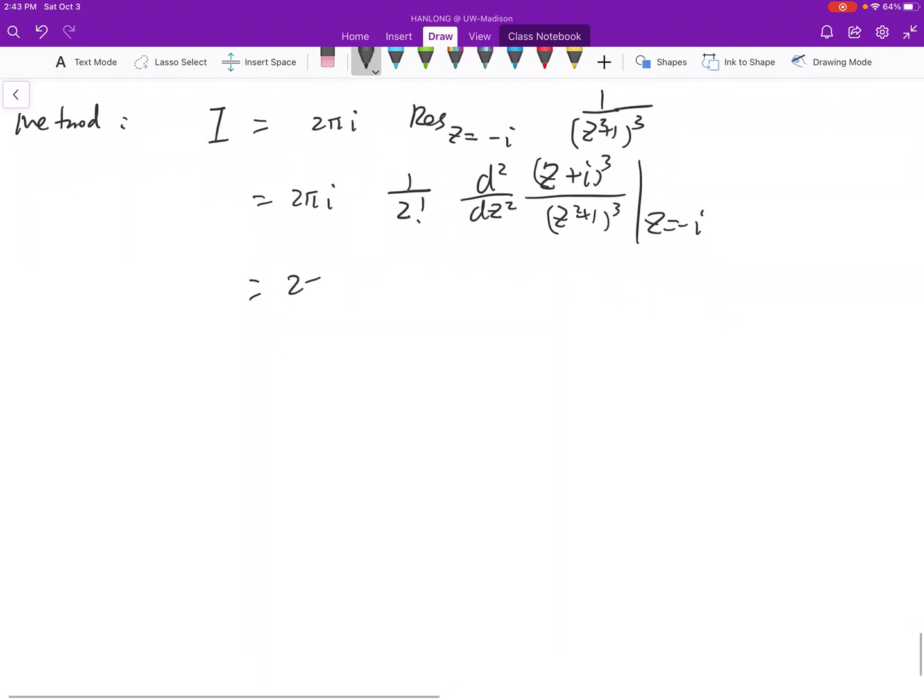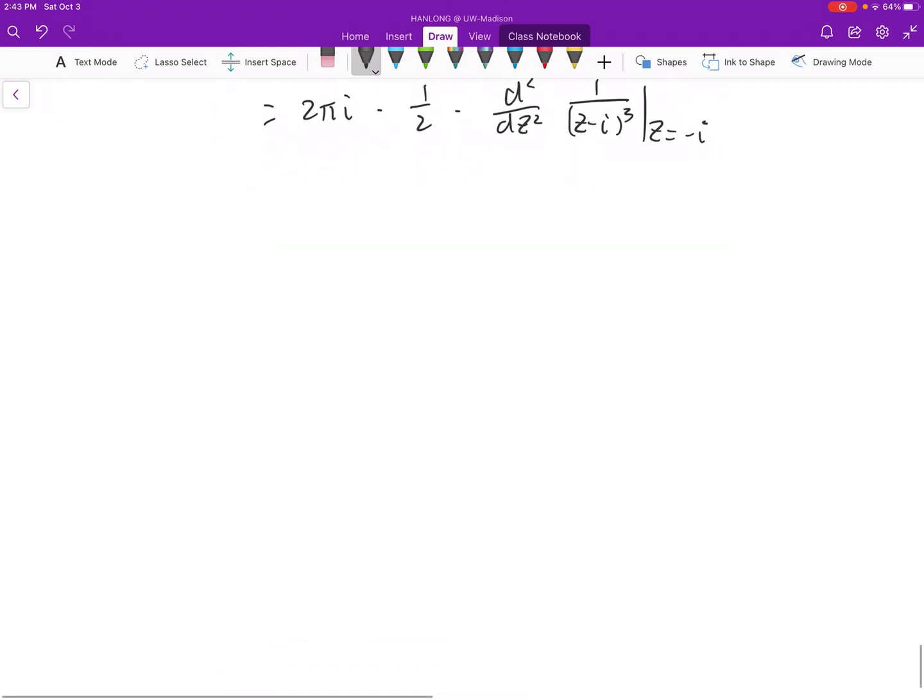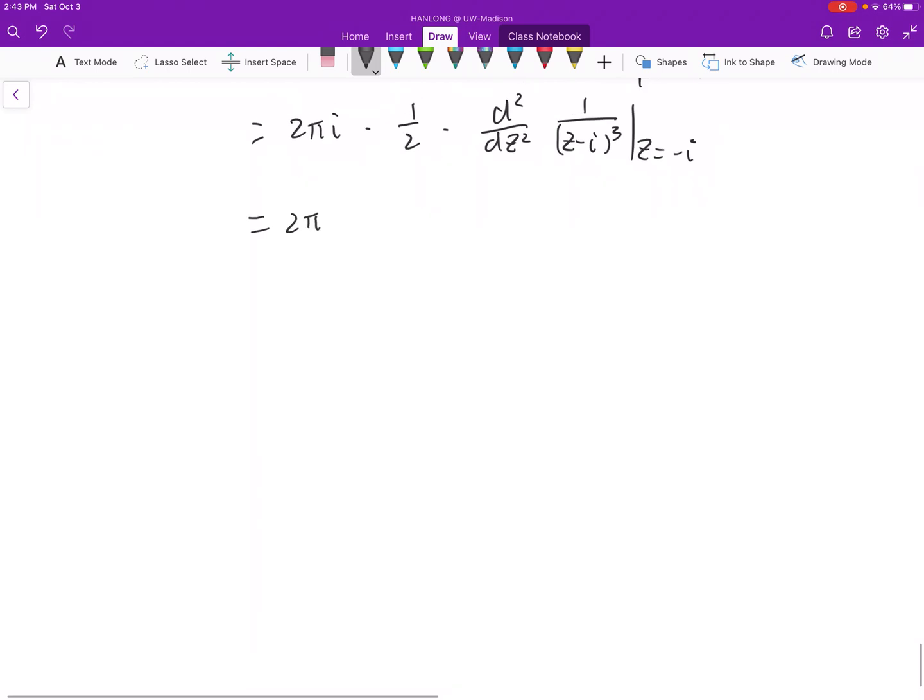Then you plug in: 2 pi i times 1/2 times the second derivative of 1 over (z minus i) cubed, which is 2 pi i times 1/2 times minus 3 times minus 4 times 1 over (z minus i) to the fifth at z equals negative i.